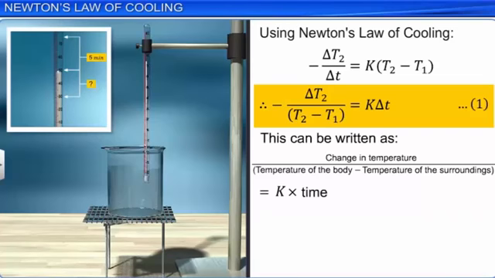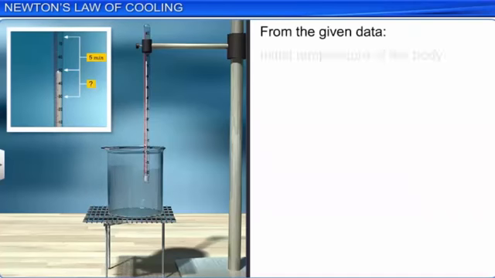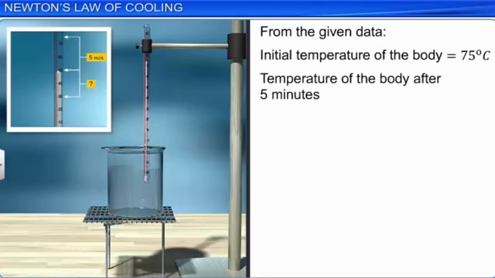It is given that the initial temperature of the body is 75 degrees Celsius and its temperature after 5 minutes is 50 degrees Celsius. Since the temperature of the hot body is not constant, the average of the initial and final temperatures has to be calculated to arrive at the value of T2.